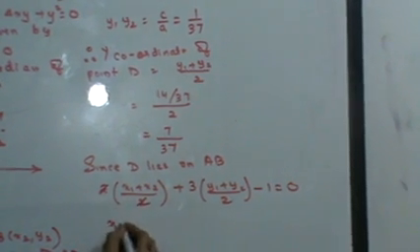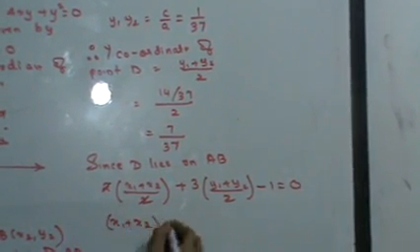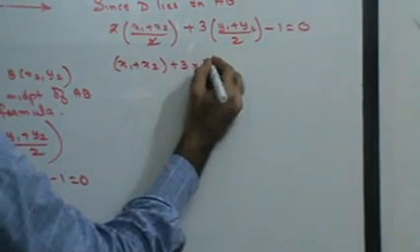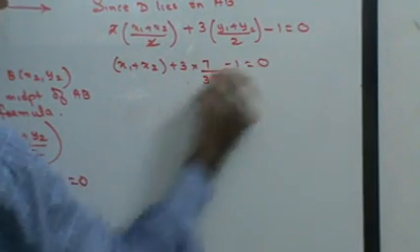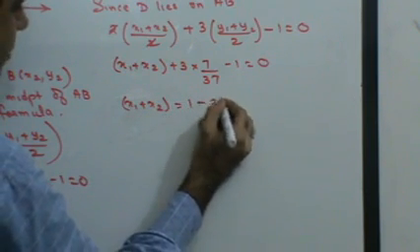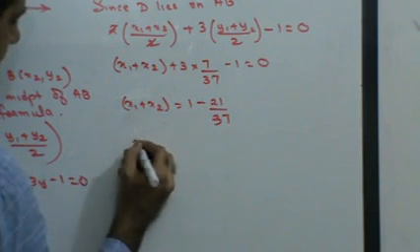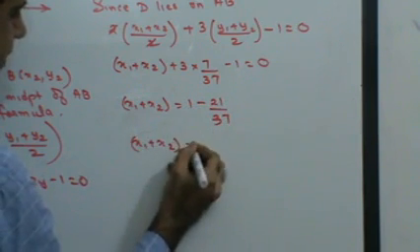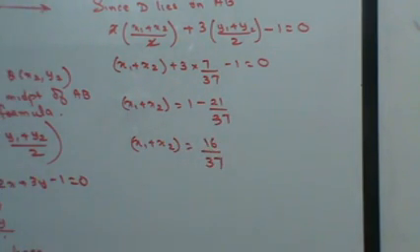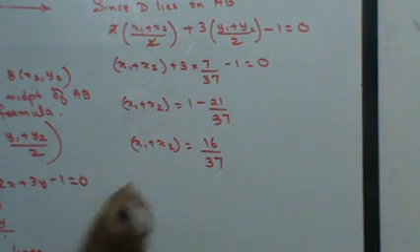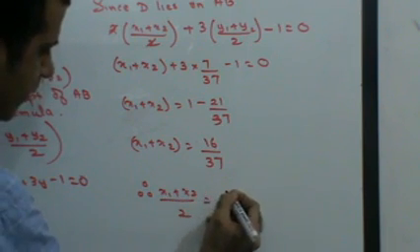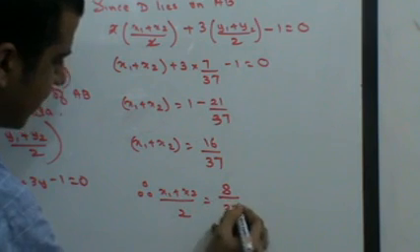The 2s cancel, so I'll get x1 plus x2 plus 3 times 7 upon 37, minus 1 is 0. x1 plus x2 is 1 minus 21 upon 37, which is 16 upon 37. Therefore, (x1 plus x2) upon 2, dividing by 2, is 8 by 37.